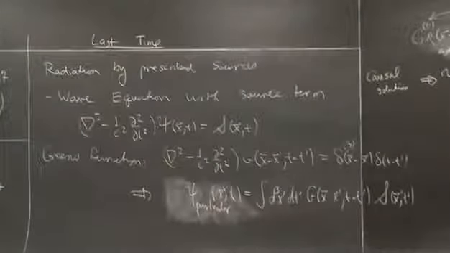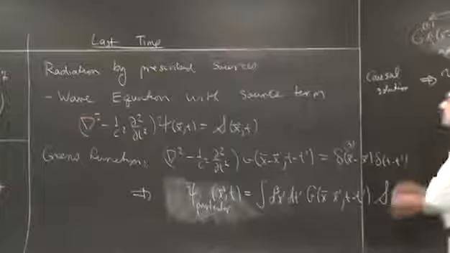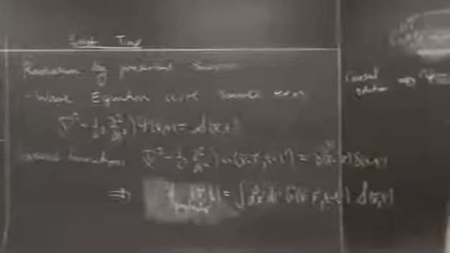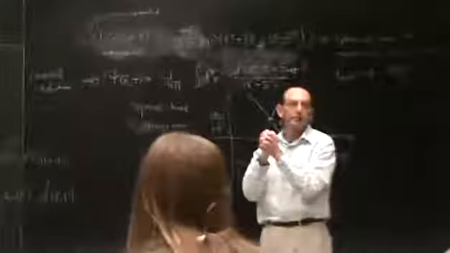So we looked for solutions of this equation, and we found two kinds of solutions, so-called retarded solutions and advanced solutions, which correspond to either spherical wavefronts that are emanating from X prime or converging onto X prime.